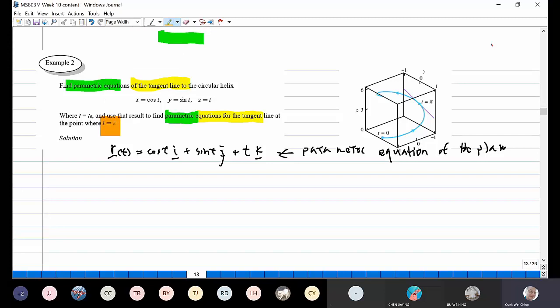First of all, let's do a differentiation. In order to get the tangent line, you have to find the direction of the tangent line, which is r prime. So r prime t is equal to: differentiate cosine, you get minus sine t; differentiate sine t, you get cosine t; and differentiate t, you get 1.